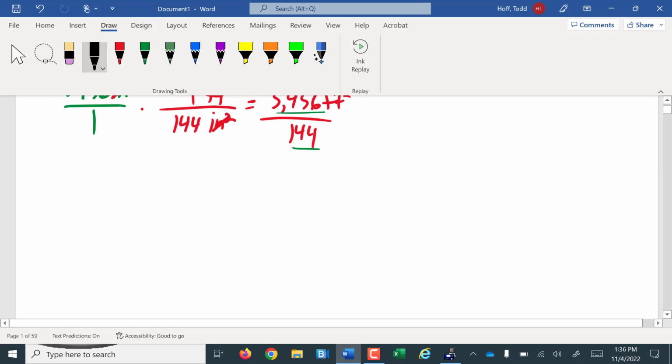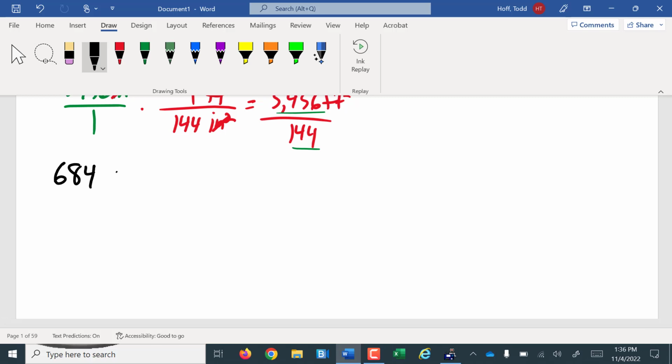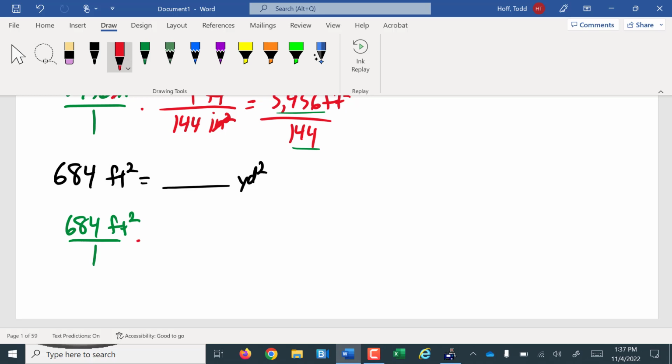Or we might have 684 square feet going into square yards. So again, we'll start with 684 square feet over 1. In my conversion factor, what goes where? Square feet on bottom, square yards on top.